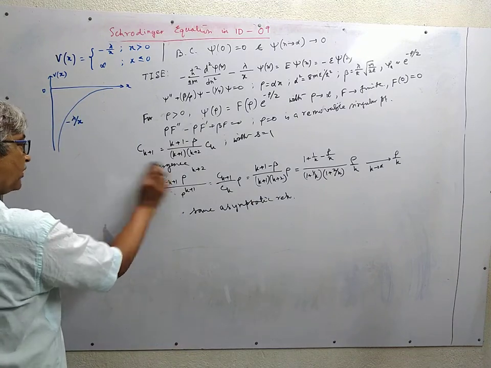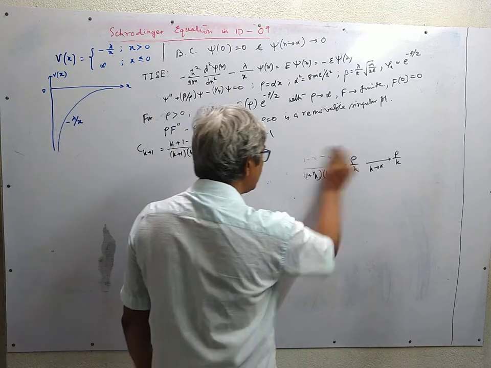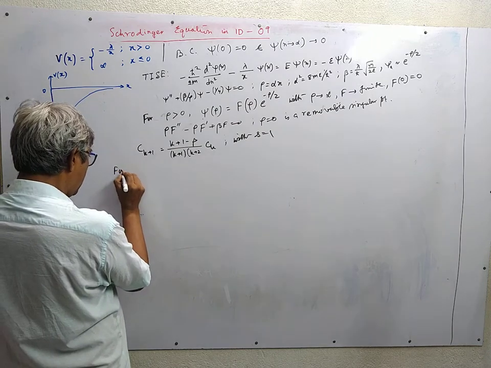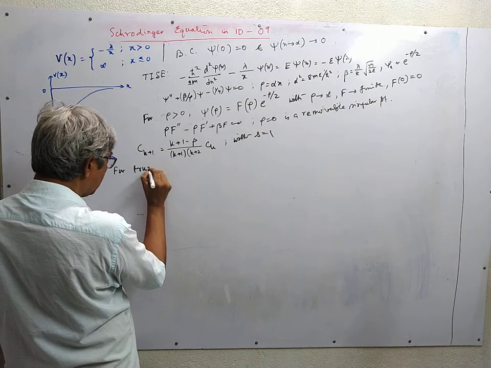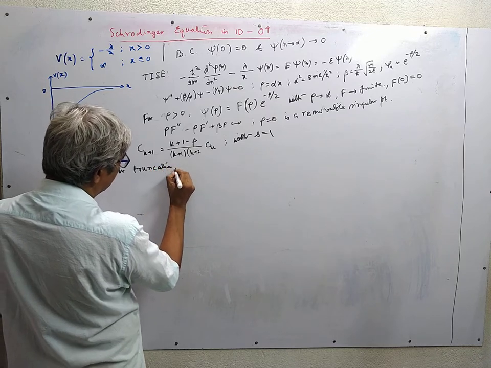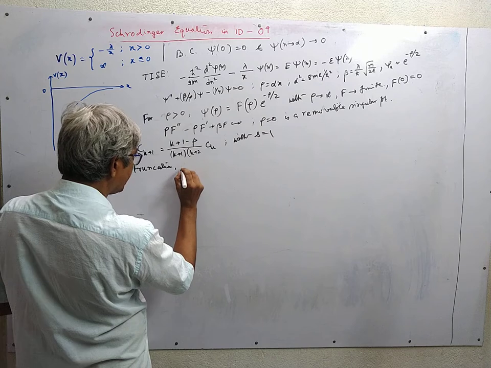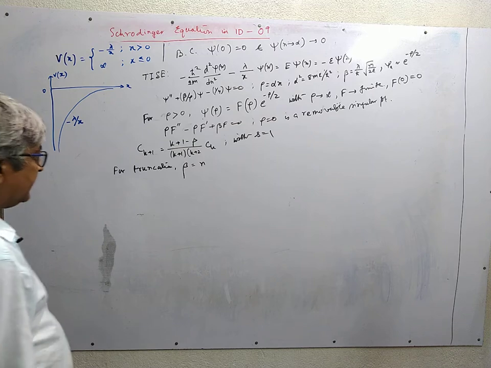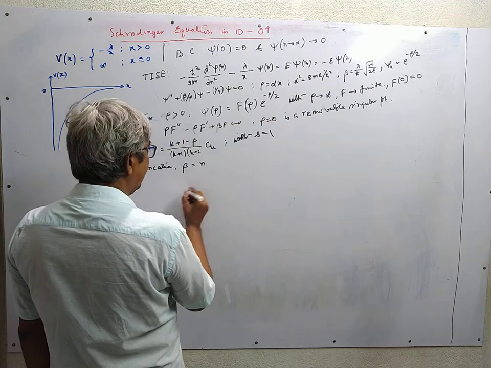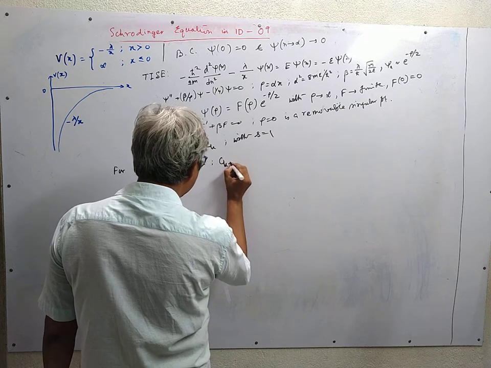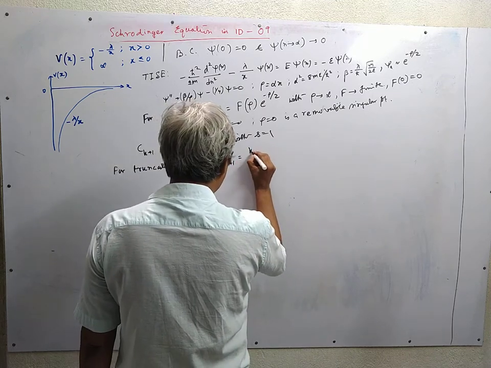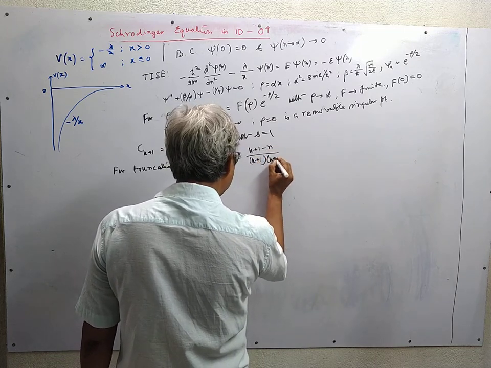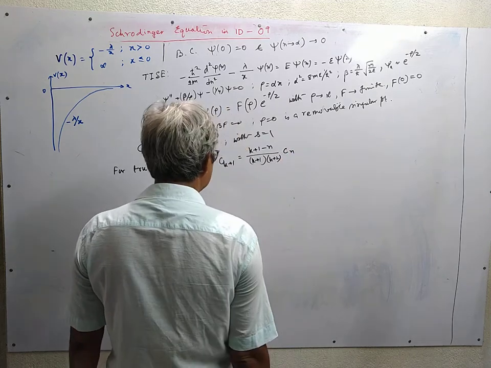So for truncation we choose beta to be n. Here quantization takes place. If we use beta to be n, then the relation becomes ck plus 1 is equal to k plus 1 minus n by k plus 1 into k plus 2, ck.